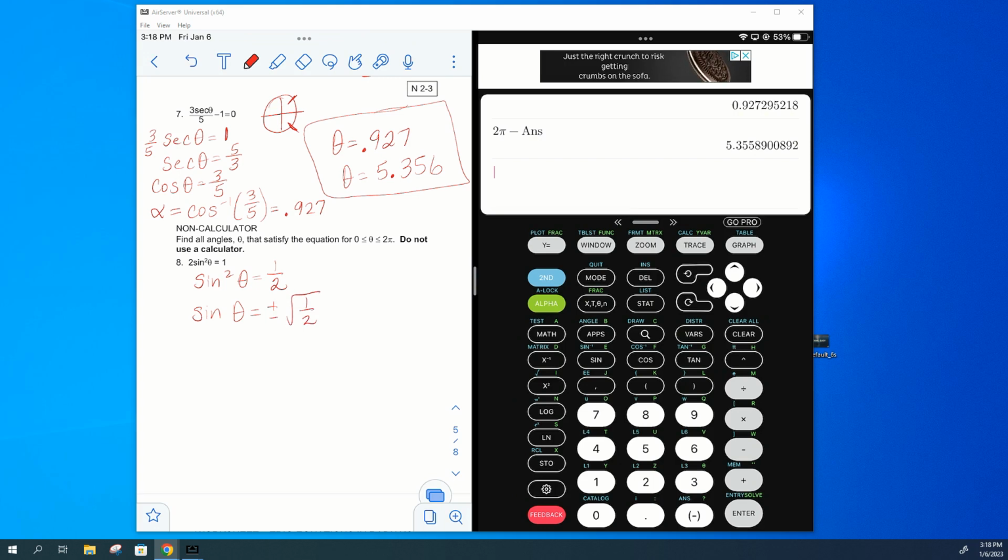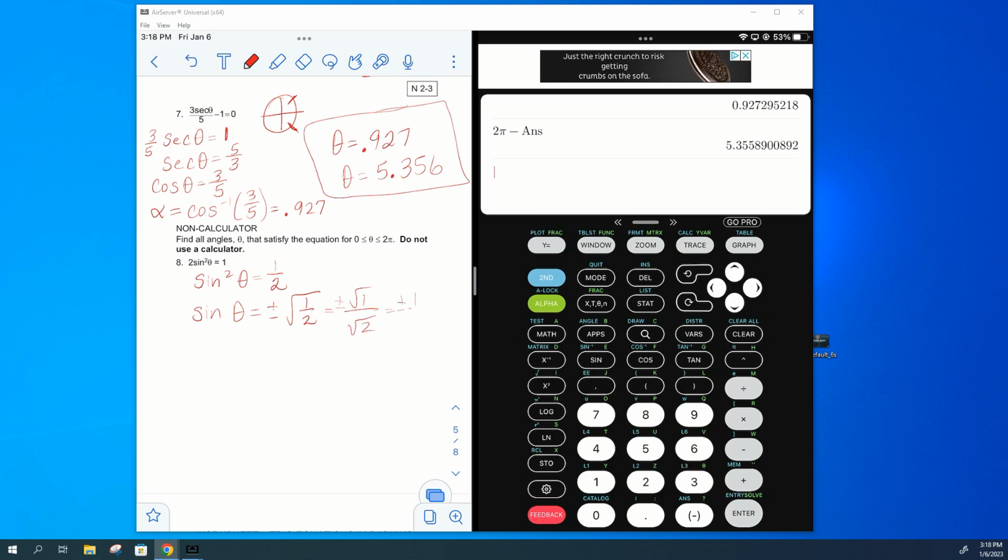Now, when you get to there, you might be thinking, oh gosh, I don't know that. Well, if it's on a non-calculator part, you do know, because it has to be one of the special angles. I just have to make sure. I'm like, well, the square root of 1/2 is really the square root of 1 over the square root of 2. Now, the square root of 1, of course, is just 1.